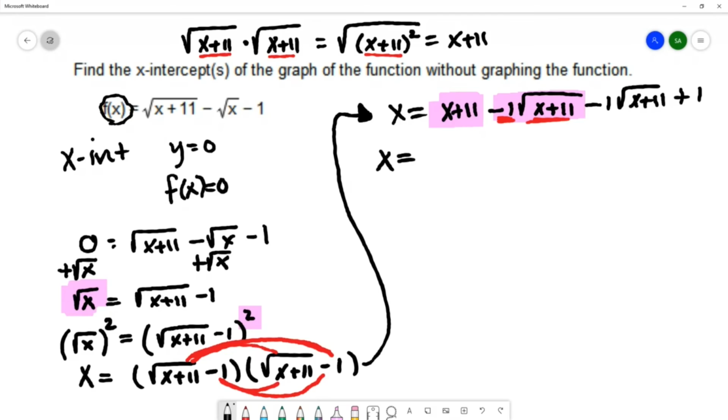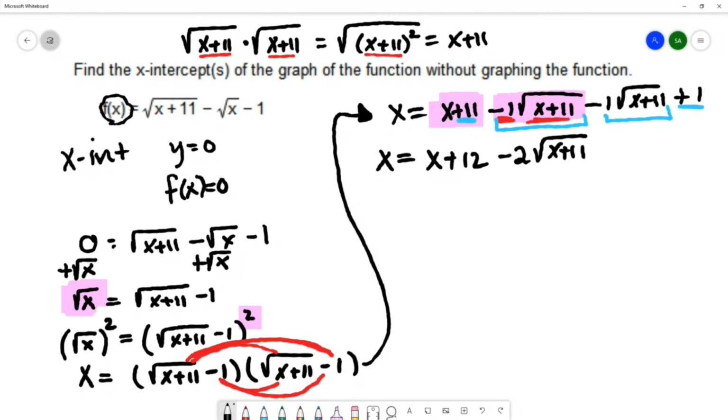And I'm going to start combining like terms. So I've got a positive 11 and a positive 1 that will combine together. That's x plus 12. And then these two terms, we call these like radicals, sort of like terms. And when we combine those together, we're going to have minus 2 square root of x plus 11.